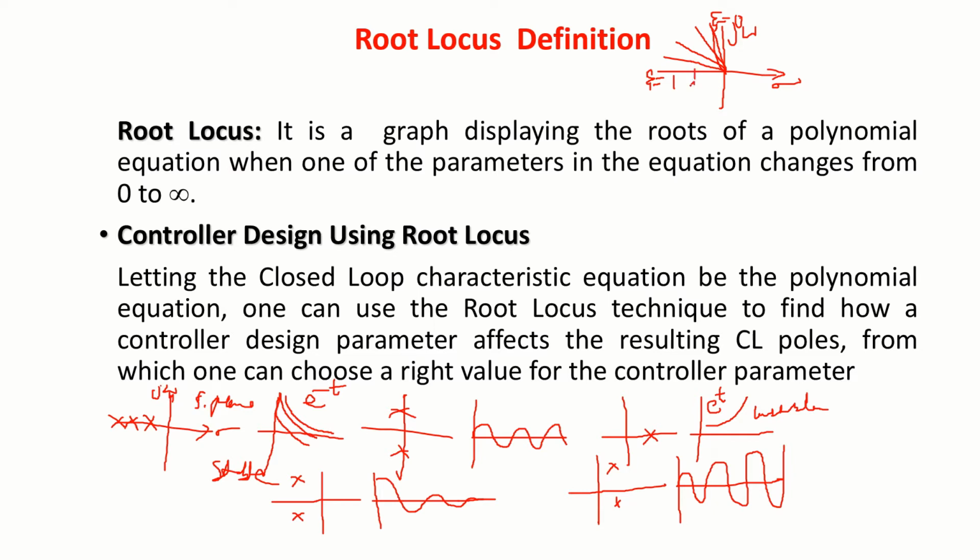And this is zeta omega n, and this is omega d. Correct. We may be looking for something like rise time, peak time, overshoot, and settling time, all this.